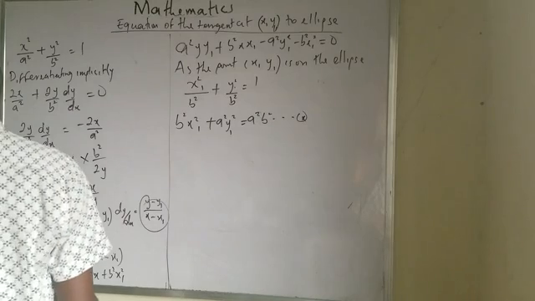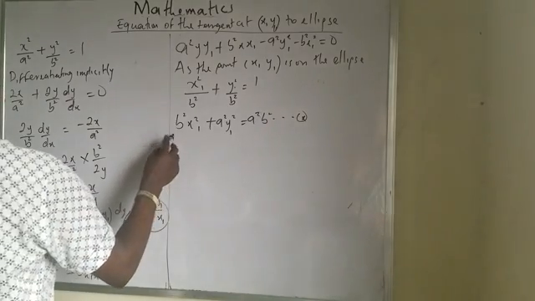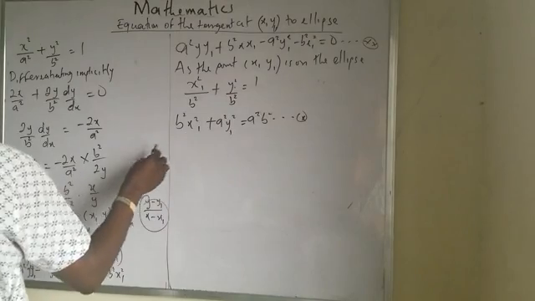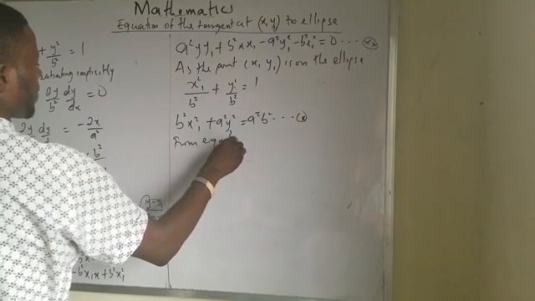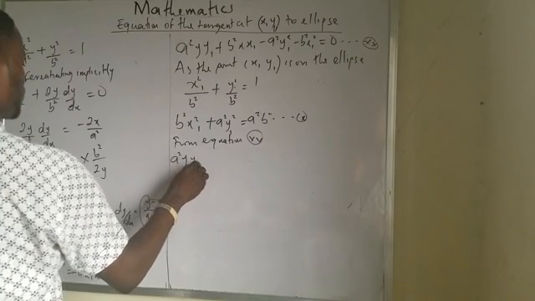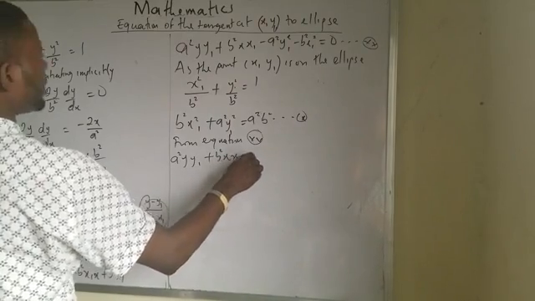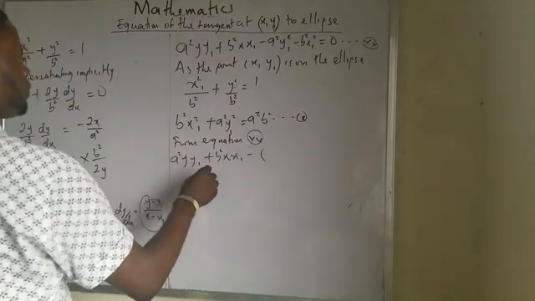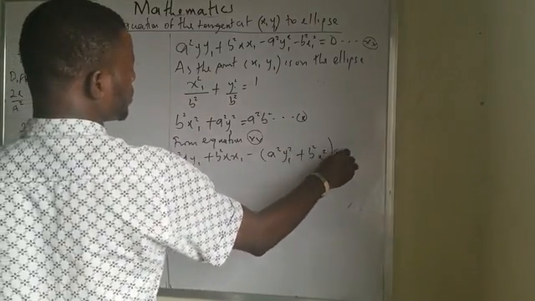Now, equation not. Now, since I have it this way from this equation, I can see that from equation not, which is a squared y1 plus b squared x1 minus bracket of a squared y squared 1 plus b squared x1 squared equals to 0.